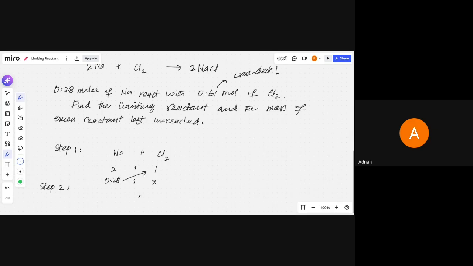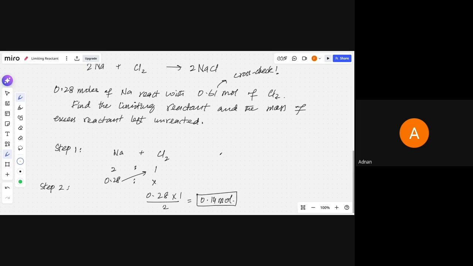So it will be 0.28 times 1 divided by 2. So this is going to give us 0.14 moles. So you can see here that we have 0.61, which is more than what is required, right?